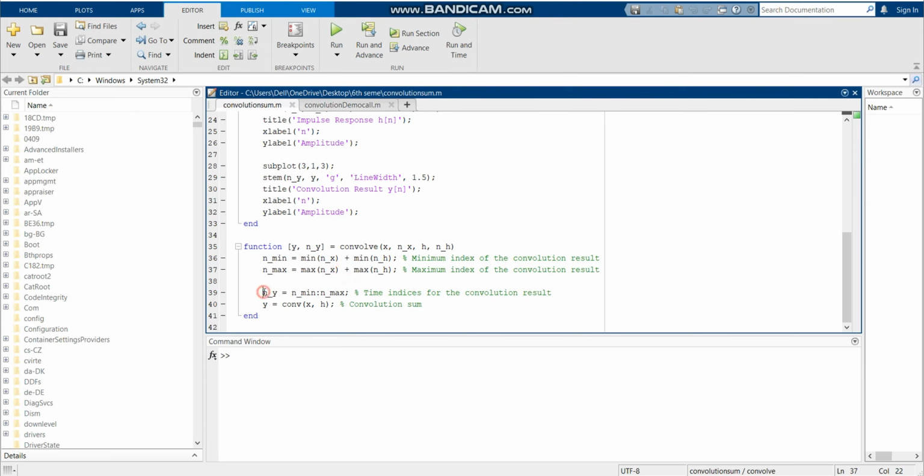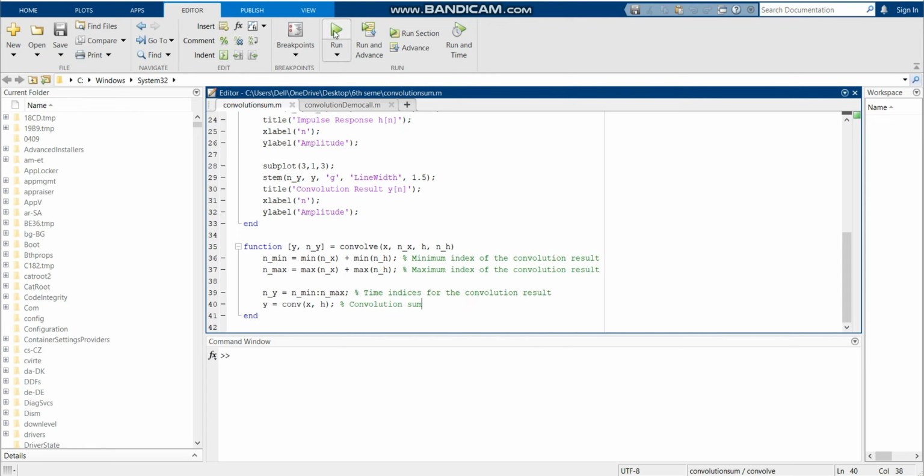Then ny equals nmin colon nmax creates a range of time indices n of y for the convolution result. And the last statement, y equals conv(x, h), represents the convolution sum using the built-in MATLAB conv function with the input signals x and h.